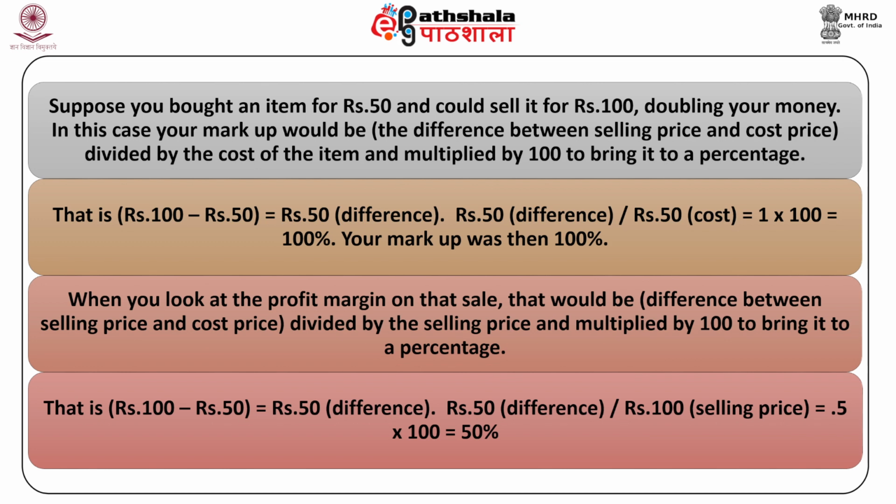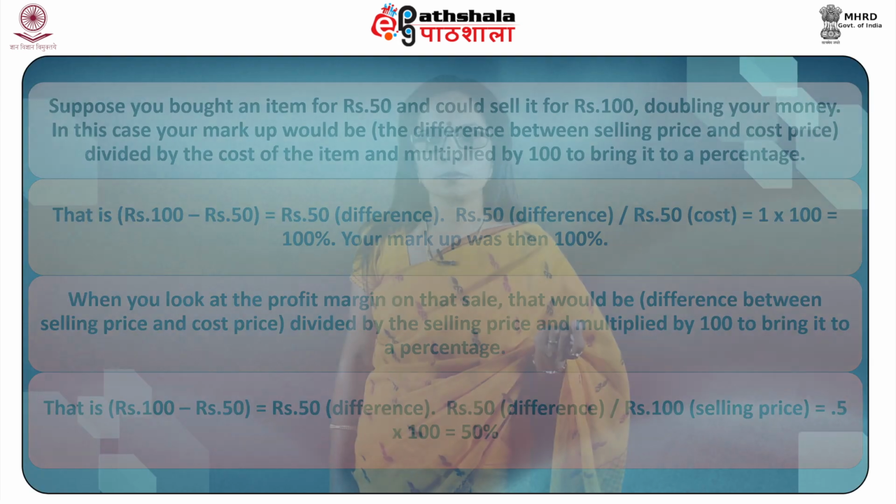This is to say that the profit margin is rupees 100 minus rupees 50, which gives us a difference of rupees 50. That difference divided by rupees 100, which is the selling price, multiplied by 100 will give us 50%. So 50% is the profit margin on that sale.